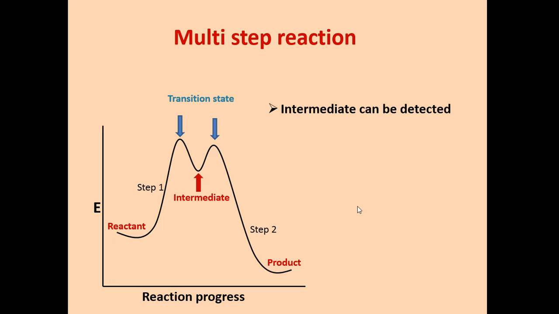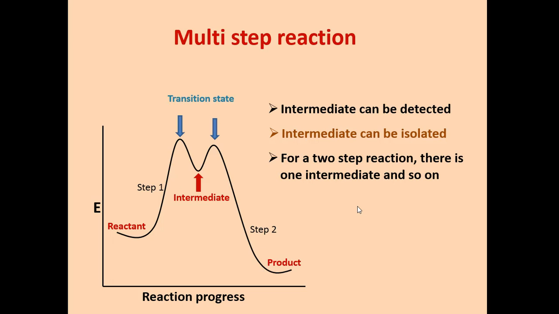The transition state cannot be detected, whereas the intermediate can be detected by instruments. The transition state cannot be isolated, whereas the intermediate can be isolated and characterized using different methods.